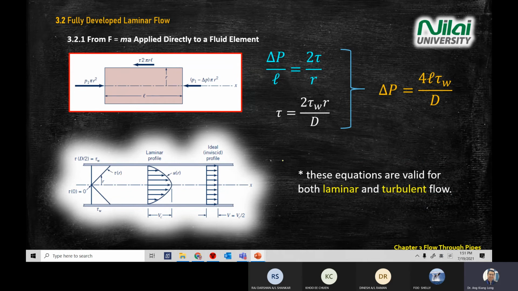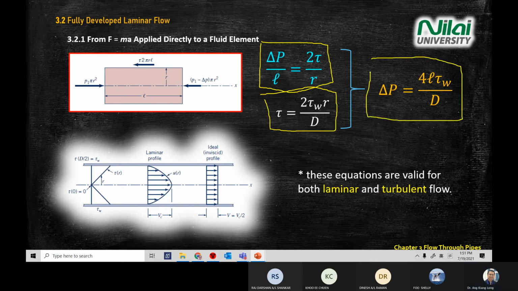Just take note that this equation works for both laminar and turbulent. Meaning, when you solve a question, first find the Reynolds number. It will tell you either laminar or turbulent.